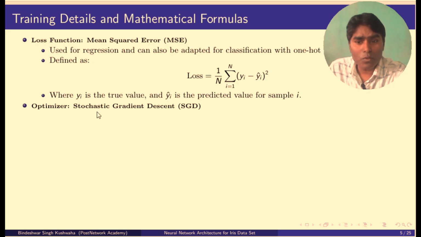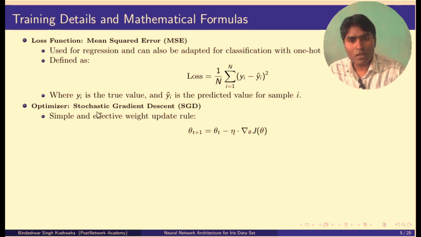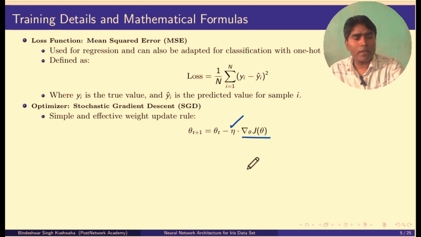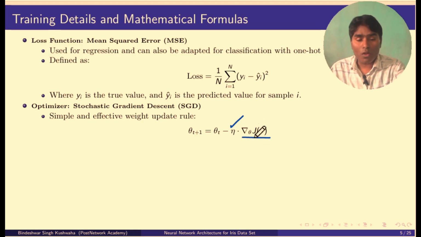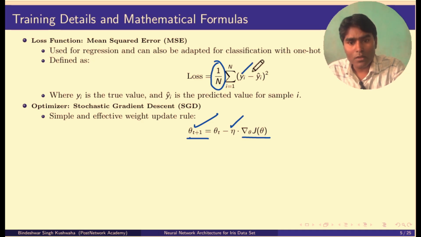And for the optimizer we will use stochastic gradient descent, where eta is the learning rate and that is the gradient of the loss function with respect to the parameters. This is the update rule for any parameter. And here you have also seen the loss function, with the true or actual value and the predicted value.